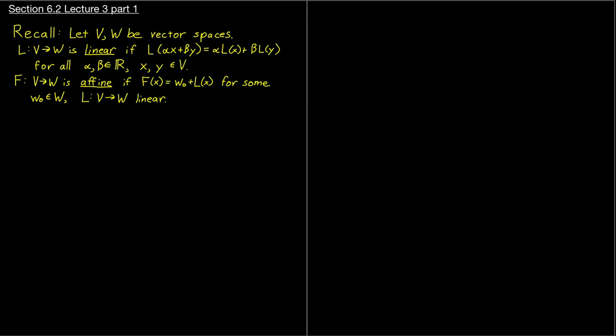Now let's recall our definition of derivative, because after all, that's what we're trying to do in Chapter 6. We're trying to define a derivative. And this is how we did this last semester.